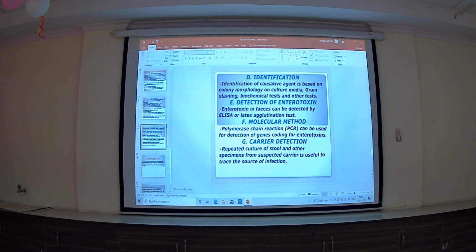Next, identification of causative agent is done on colony morphology, on culture media, Gram's staining, and biochemical tests.